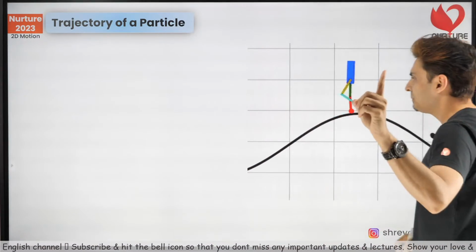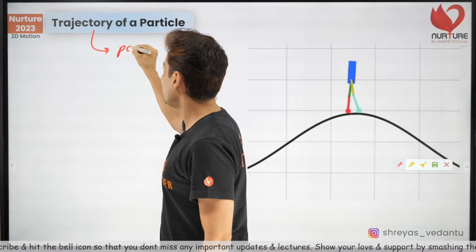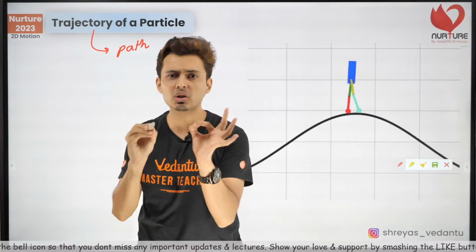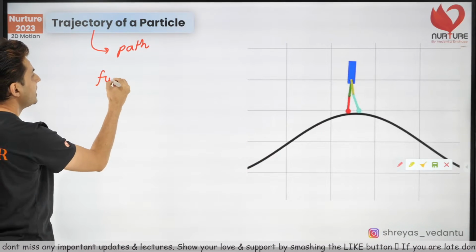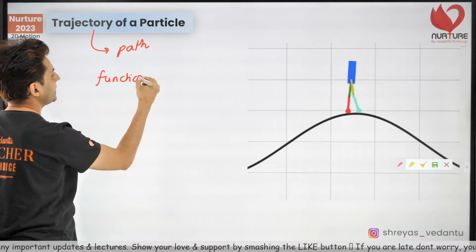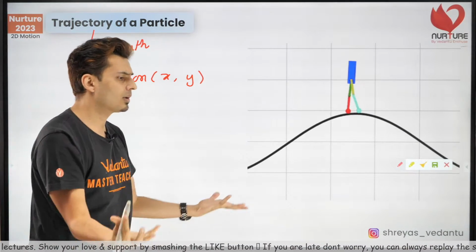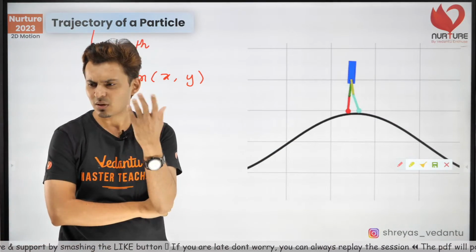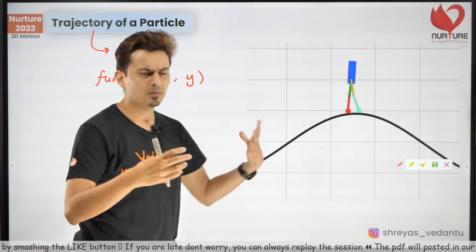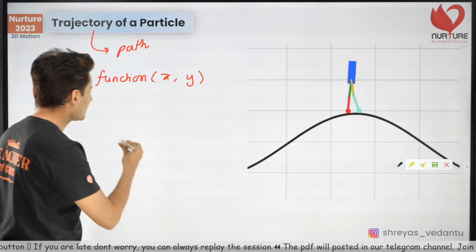Now usually the trajectory of any particle, which is nothing but the path of any particle, is described as a function, and that function is generally in x coordinate and y coordinate, or y coordinate and z coordinate, or x, y and z coordinate. Now you might be thinking, sir, what exactly is the function? Here is an example. Just imagine this.